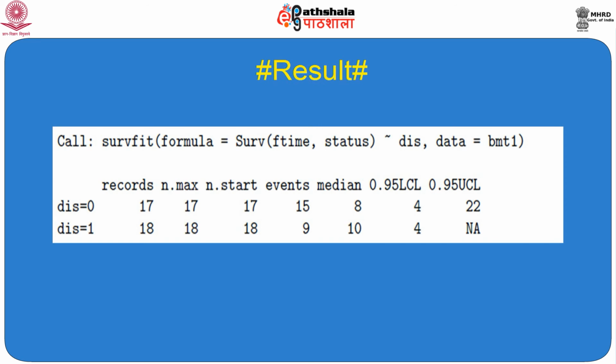In comparison to the earlier results, the number of events here is 15 for ALL and only 9 for AML, where the median survival is 8 days for ALL and only 10 days for AML, with the corresponding 95% confidence interval. That is the difference observed with the Kaplan-Meier estimator, but it is not suggested, just for illustration and exploration.